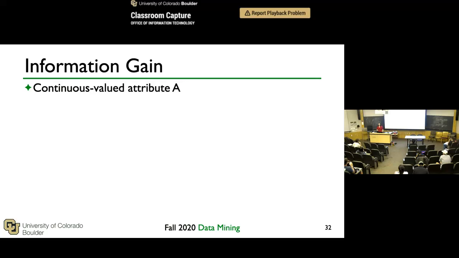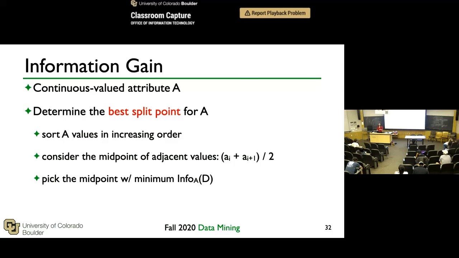But when you have a continuous value, like customer ID or annual income, then you need to do some splitting. So if the salary is continuous, here they talk about binary splitting. So I basically just need to sort the values in increasing order and pick a splitting point. But this is hard.